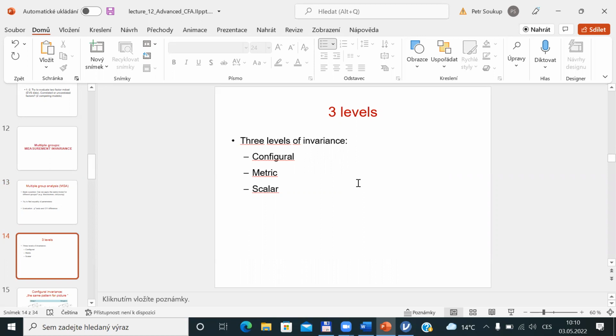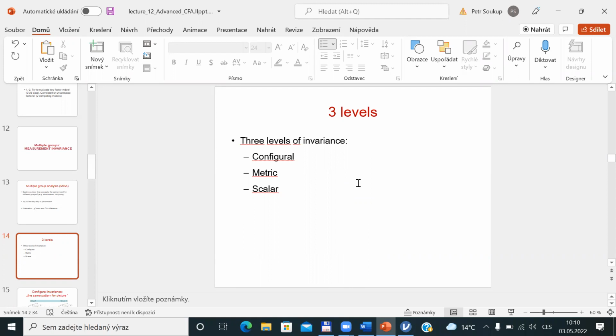There are some different names, but mostly we use configural invariance, or configural similarity, metric invariance or metric similarity, and scalar invariance or scalar similarity. Now we need to understand what it means to have configural invariant, metric invariant, and scalar invariant data.